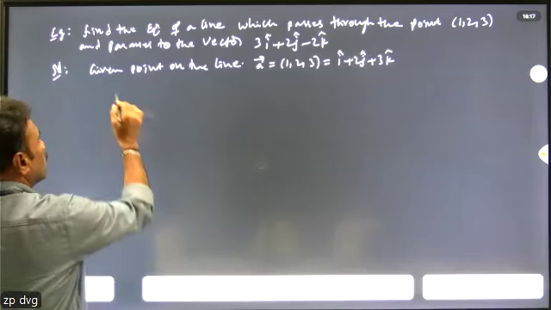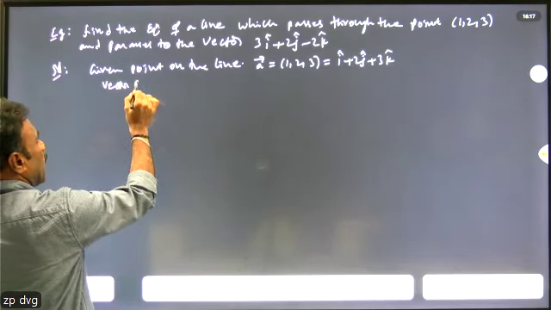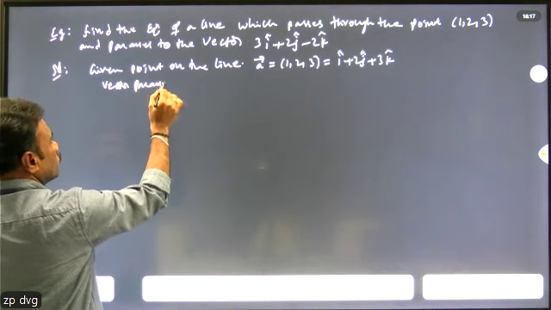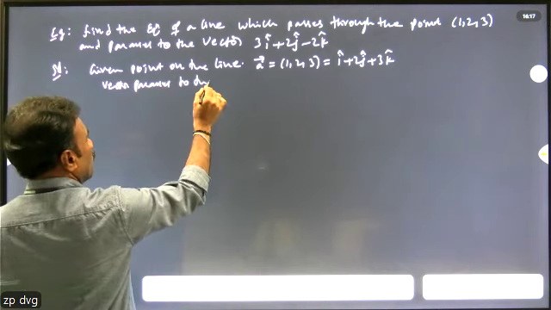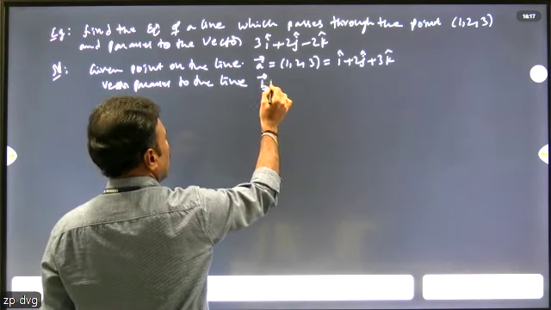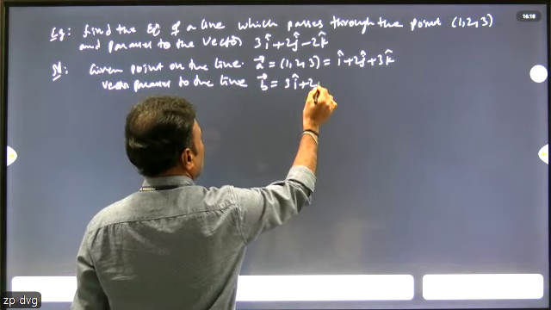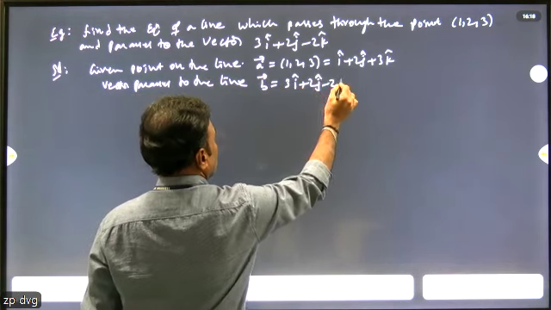And the vector parallel to the line, what is given? It is given b bar. I am taking b bar is equal to 3i cap plus 2j cap minus 2k cap.